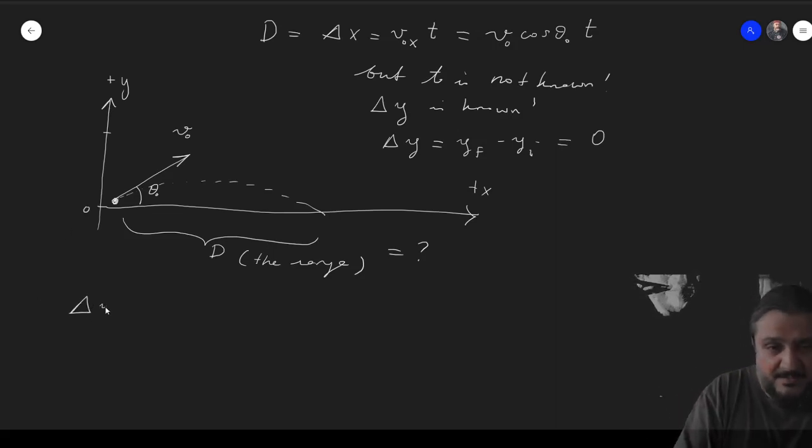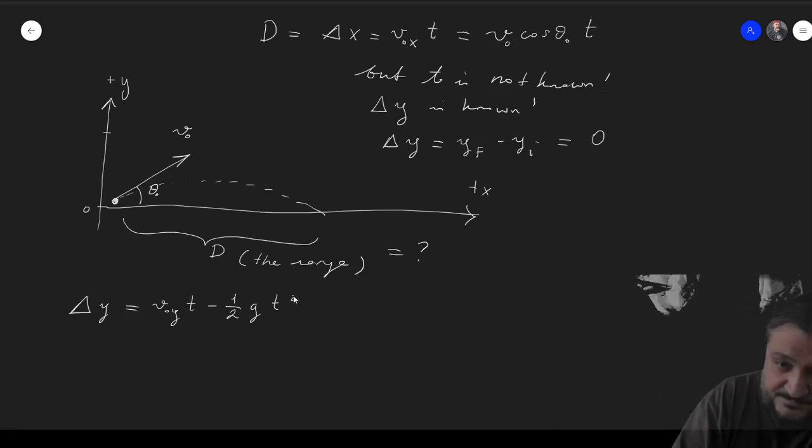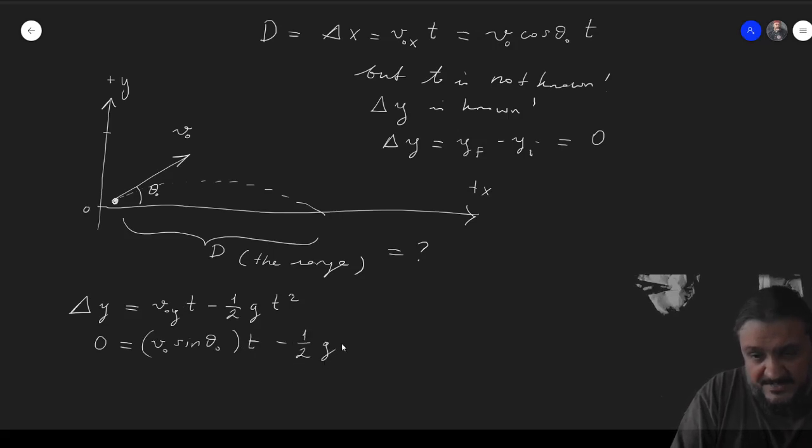Delta y is equal to v naught y t minus 1/2 g t squared, right? But delta y is 0, and v naught y is v naught sine theta naught. So this times t minus 1/2 g t squared is equal to 0.